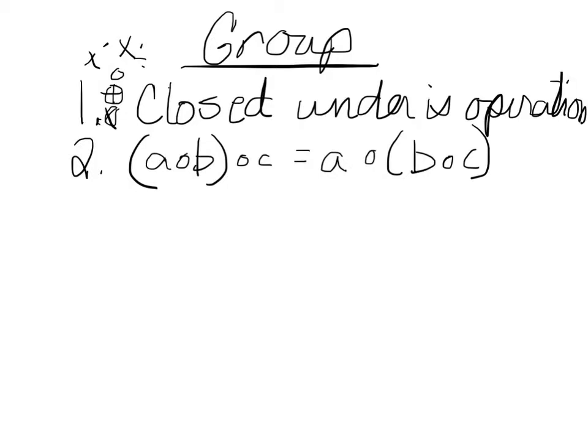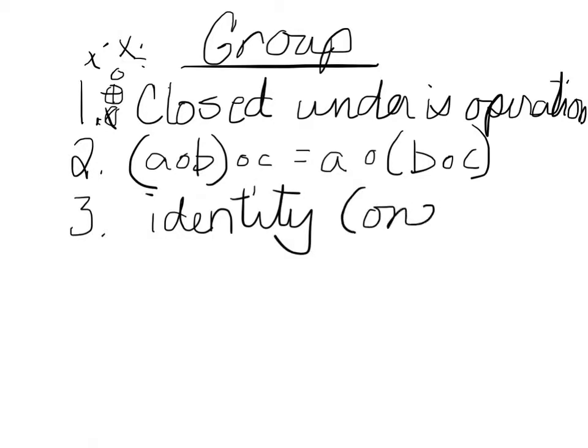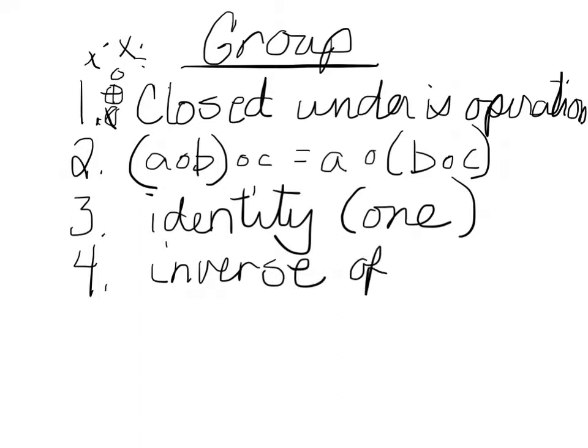Now remember, it's a group using one operation in one set. Number 3 is the set of elements will have an identity, and there will be just one identity that works for all the elements under that given operation. And then number 4, the inverse of each element lies in the group as well.